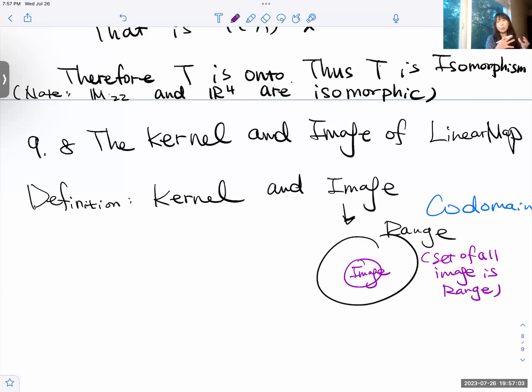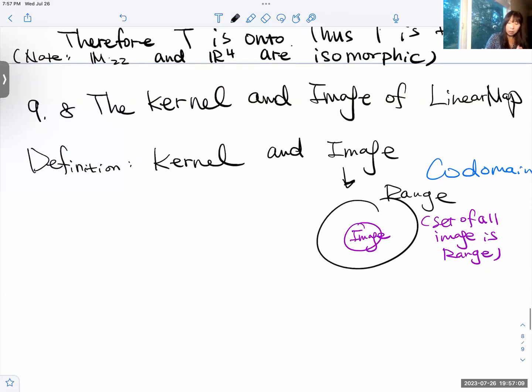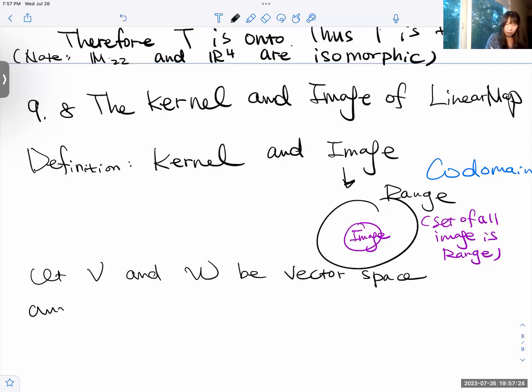So basically, image is part of the range then, right? Okay. Now, let V and W be vector spaces, and there's a linear transformation.